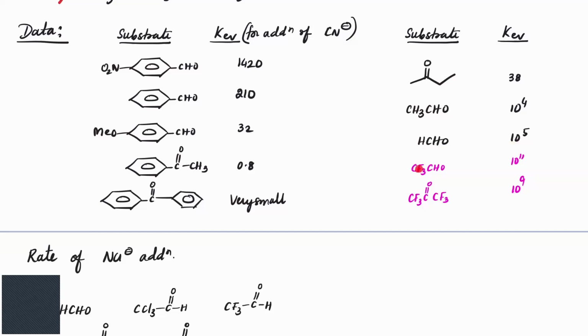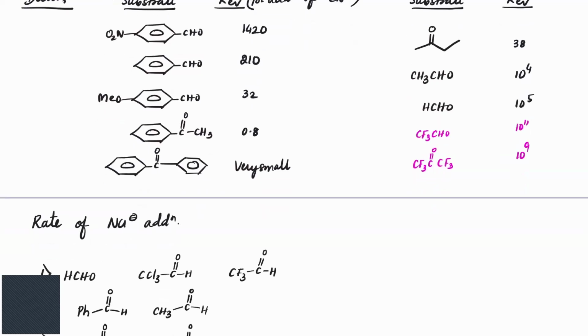Now notice, if you have CF3, that means a very strongly withdrawing group, then the K equilibrium is quite high. And if you have CF3 on both ends, that is also a very, very high value. So here polarity plays an important role. Very high polarity will make this have high reactivity. Have you noticed from the data an important point, that generally all aldehydes are more reactive than even the smallest of the ketones?